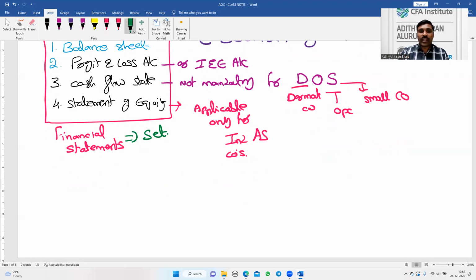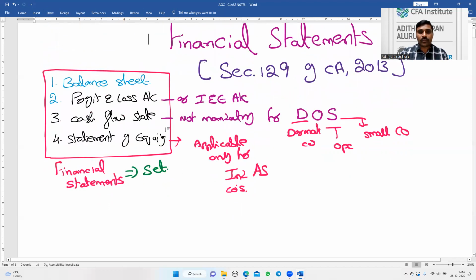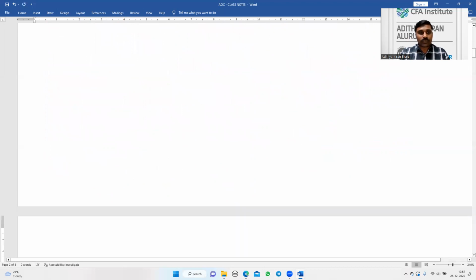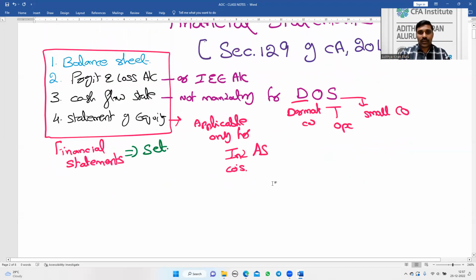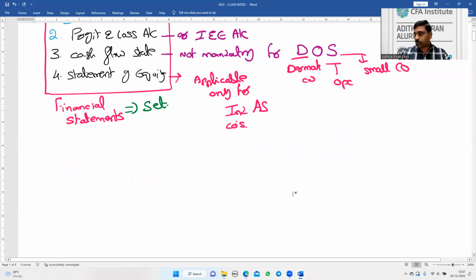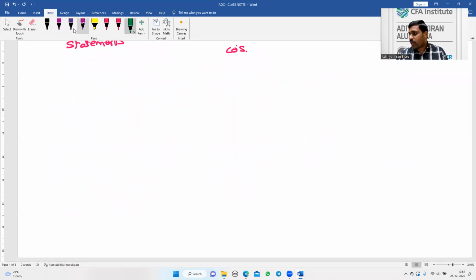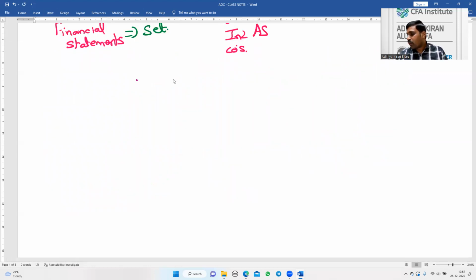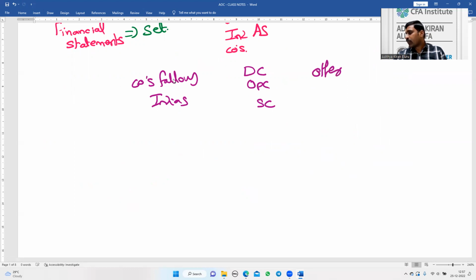So if I categorize the companies into various parts: companies following Ind AS, then DOS (dormant company, OPC, and small company), and other companies.